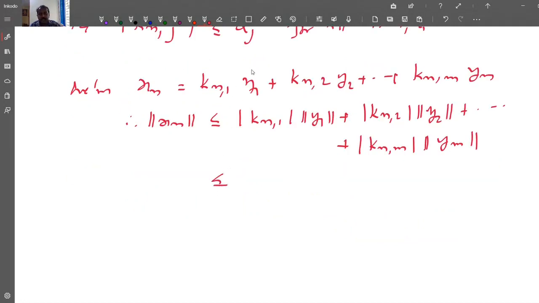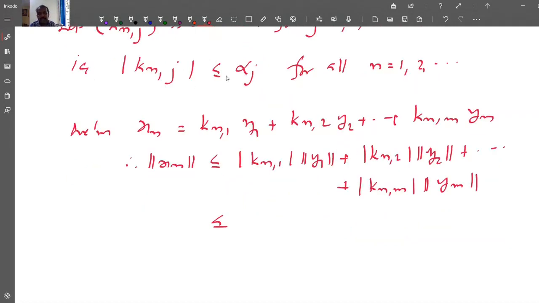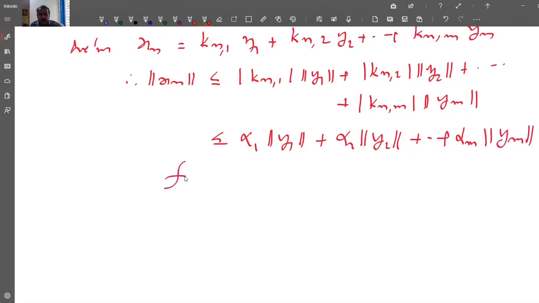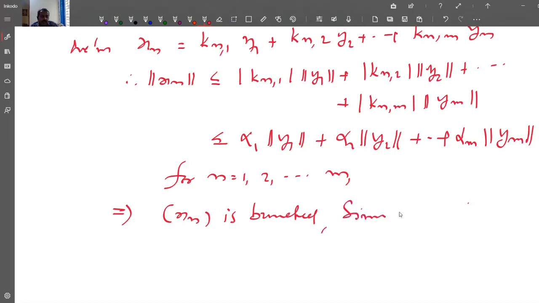Since modulus of knj is less than or equal to alpha j, this is less than or equal to alpha 1 times norm y1 plus alpha 2 times norm y2 plus etc. plus alpha m times norm ym for n equal to 1, 2, etc. So this implies xn is bounded, since Y is finite dimensional and Y is closed.